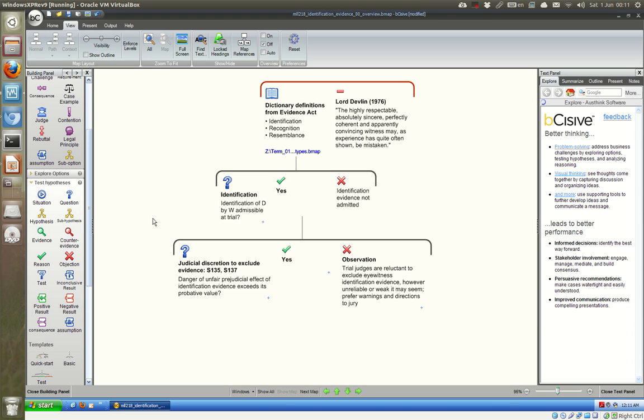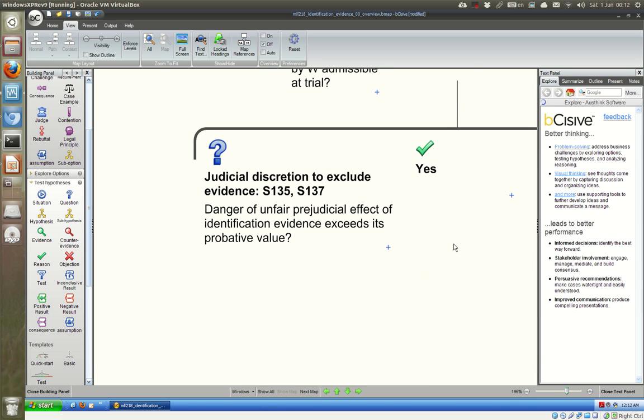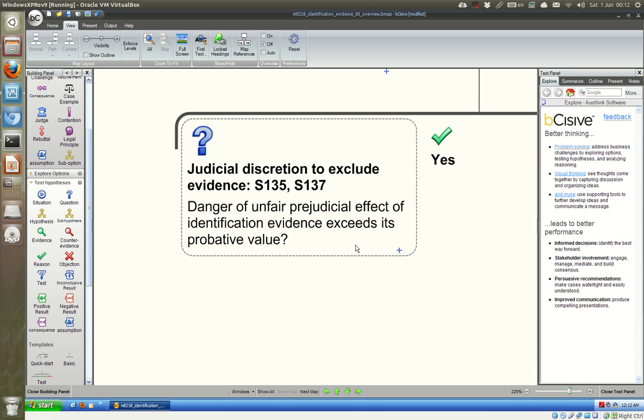And there is, but did the judge exercise this discretion to exclude the evidence? And the consideration is ultimately whether there is a danger of there being an unfair prejudicial effect of the identification evidence exceeding its probative value.